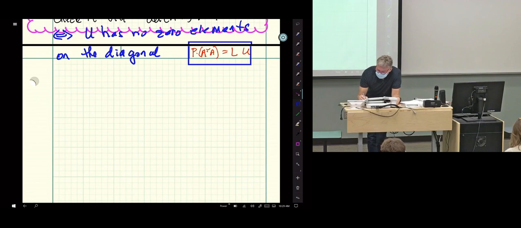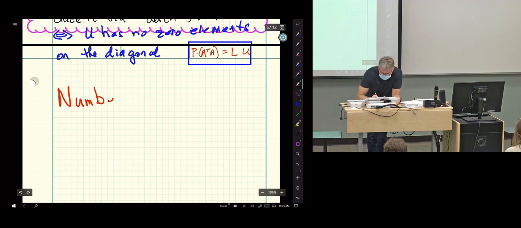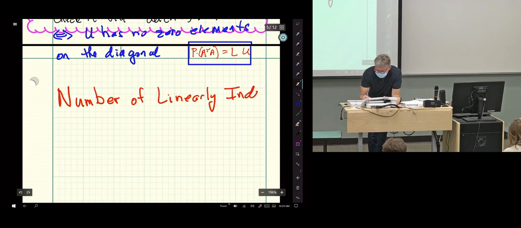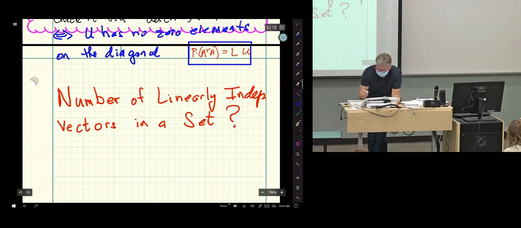Okay, here's kind of a gnarly question. Number of linearly independent vectors in a set.